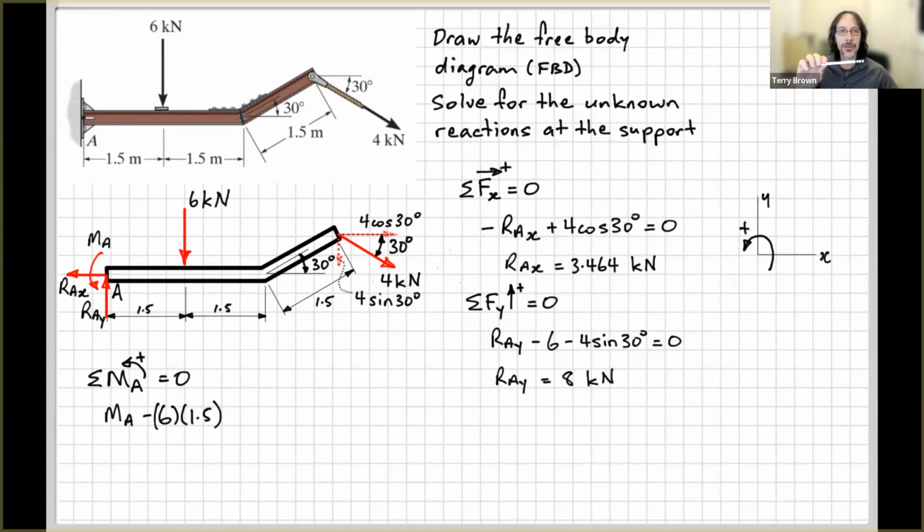Just grab a pen, hold it at the point where you want to determine whether the force is causing a clockwise or anti-clockwise moment, and therefore positive or negative moment, and just push in the direction and see which way it goes. So the next one is we've got our force out the end here of 4 cos 30 degrees.